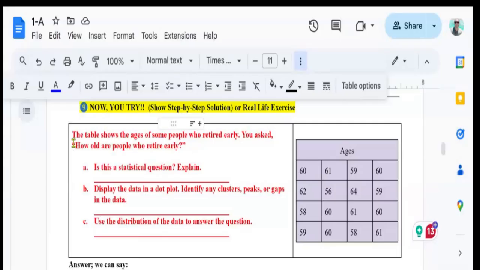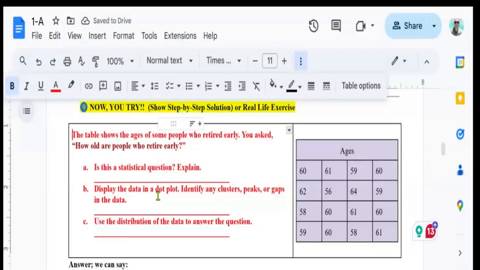How old are people who retired early? Very good. That's the question. Is this a statistical question? Yes. Why? Because it's in general, I think. You can get a variety of answers. Right. So write this down because I get a variety of answers.